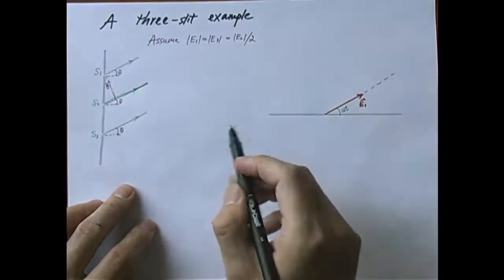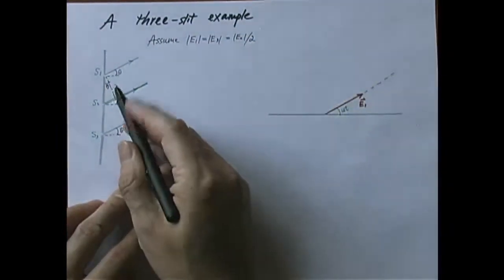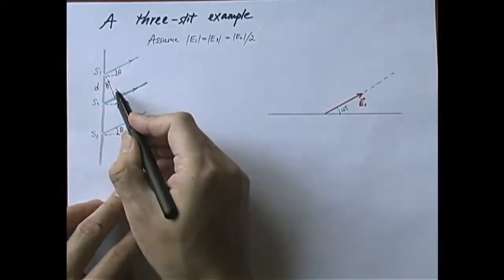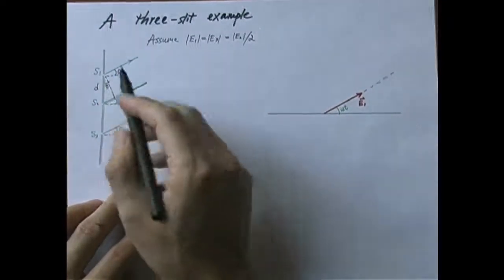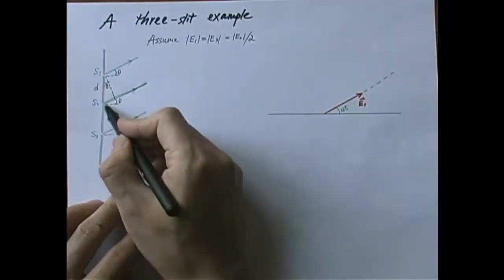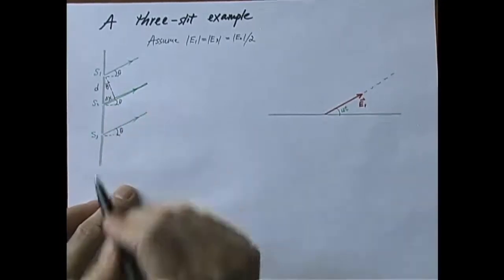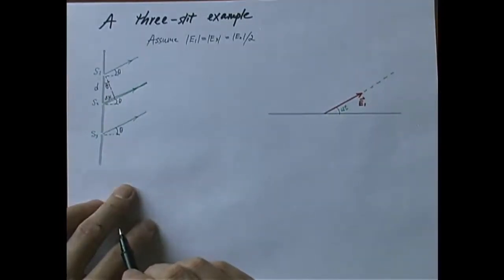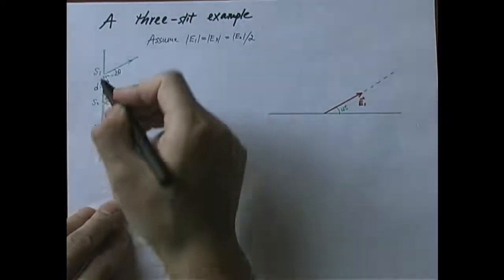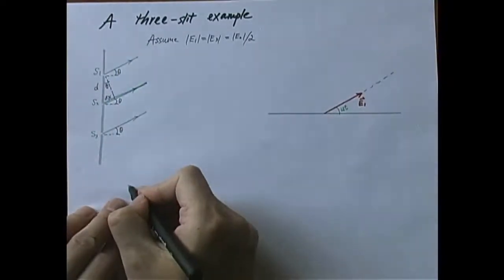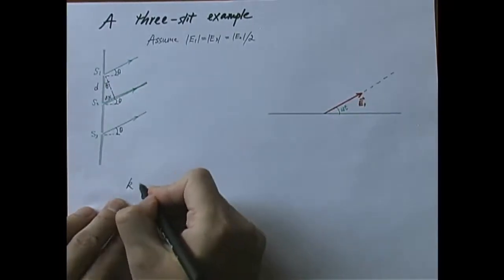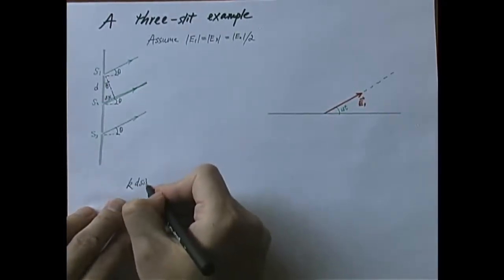The phase difference, delta phi, would be k times d times sine theta, because d sine theta is delta x. So it's k times delta x, which is k d sine theta. So the phase difference between S1 and S2 would be k d sine theta.